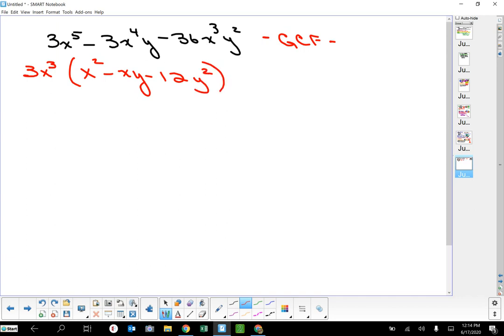All right. So this is actually something else that can happen. It changes your general form from ax squared plus bx plus c. Well, now you have ax squared plus bxy plus cy squared.